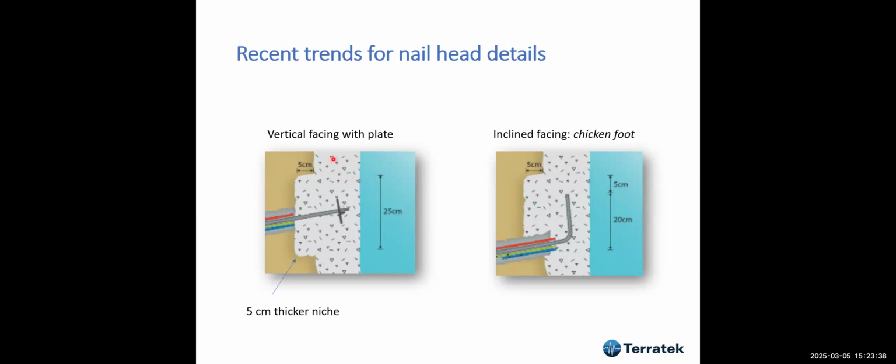In vertical facing, we always use the plate. We can excavate a niche in order to avoid protruding from the wall. We can excavate a niche and store the plate inside, and this is shotcrete. But if you have an inclined facing, you can use this kind of head, some people call it the chicken foot, in which we just bend the bar and it works.